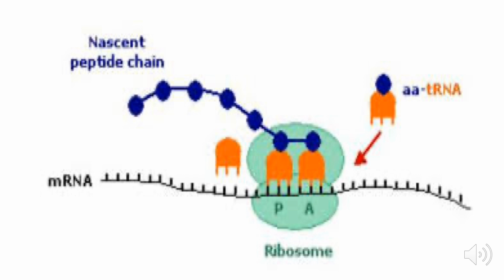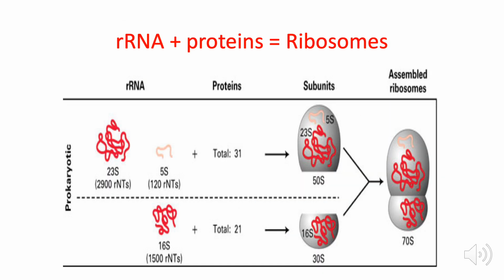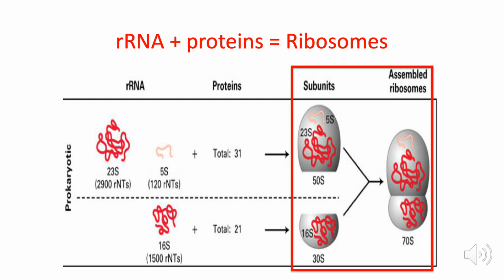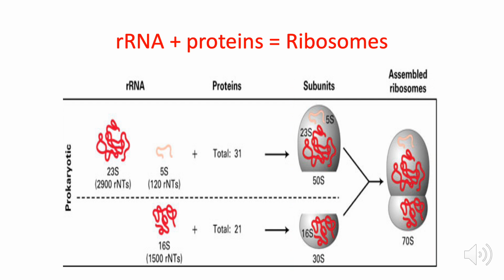Nucleolus functions to synthesize ribosomal RNA. So, what is now the role of ribosomal RNA in protein synthesis? I want you all to listen very carefully. For ribosomes to be formed, you must combine ribosomal RNA plus proteins.